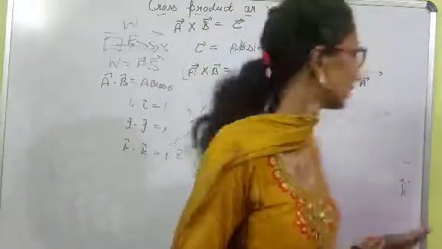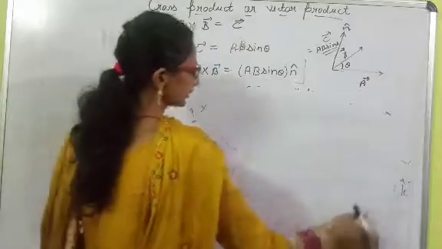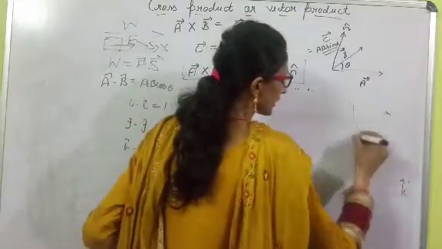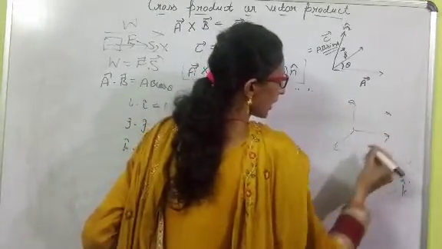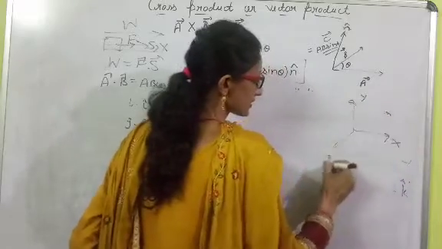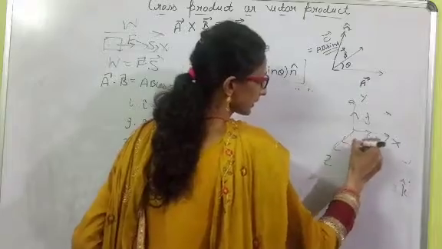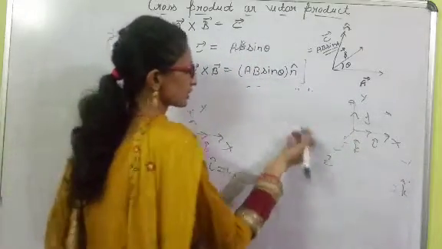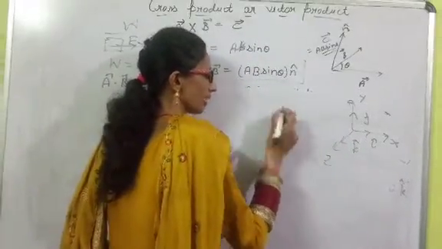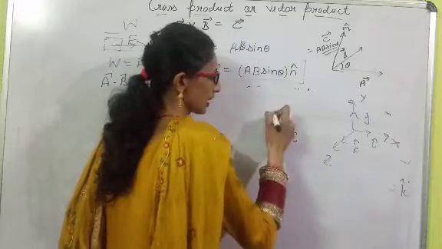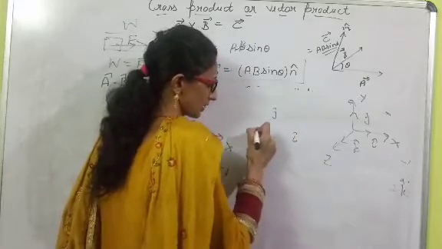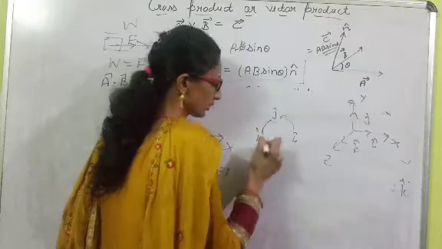Clear? So in this case, we have coordinates X, Y, Z with I cap, J cap and K cap. In this direction, I, J, K, we move in the anti-clockwise direction.